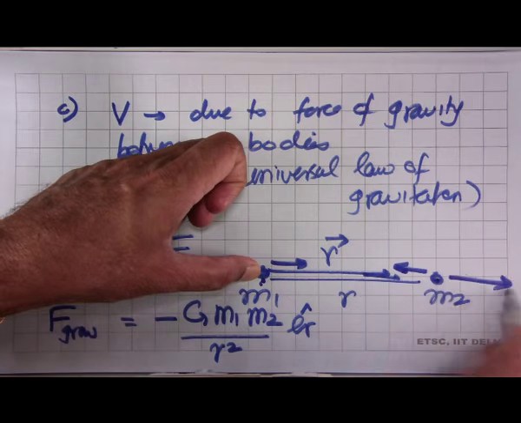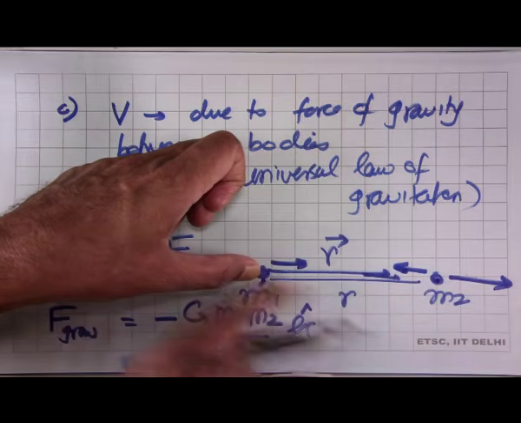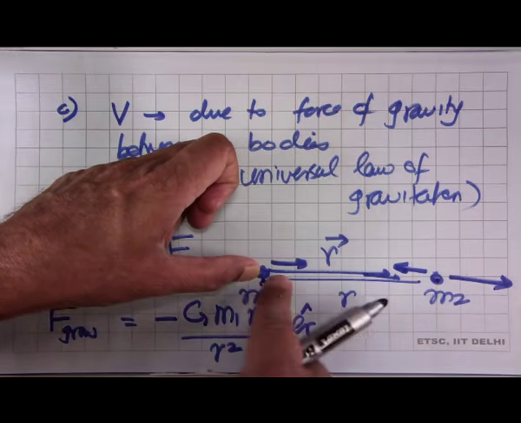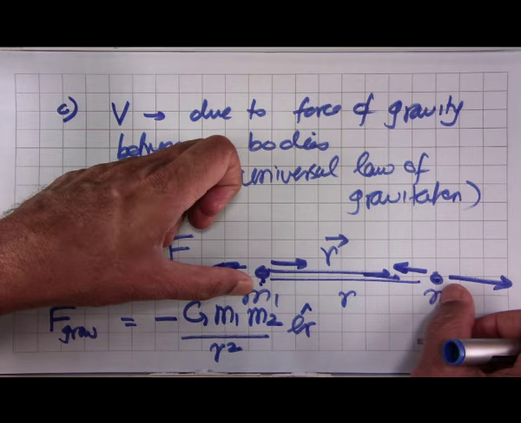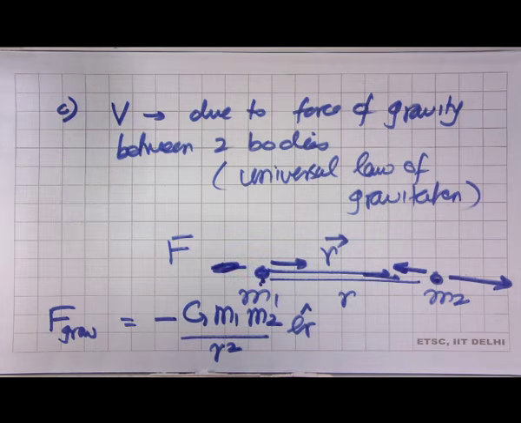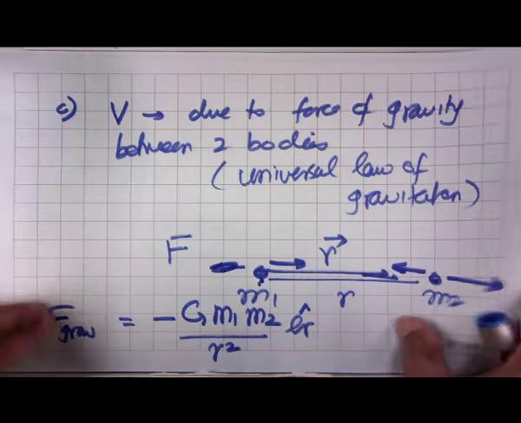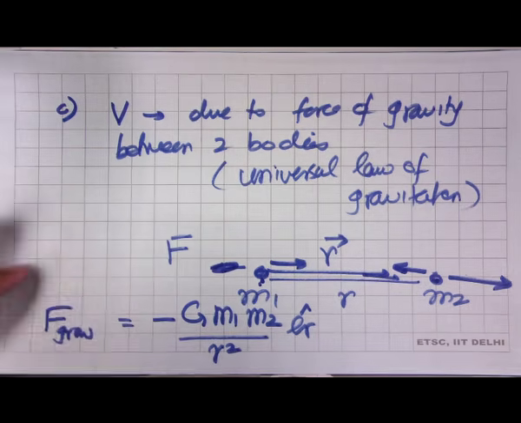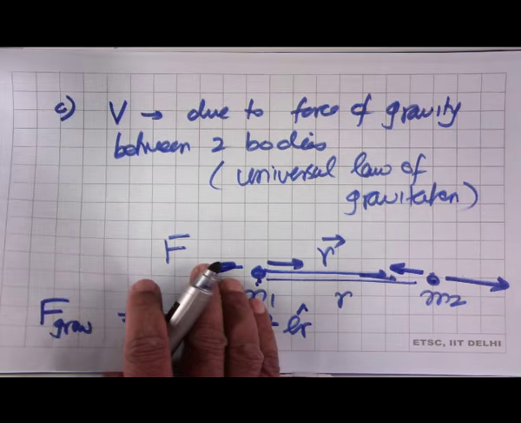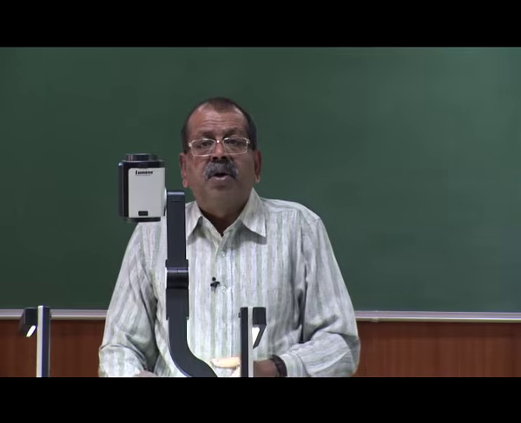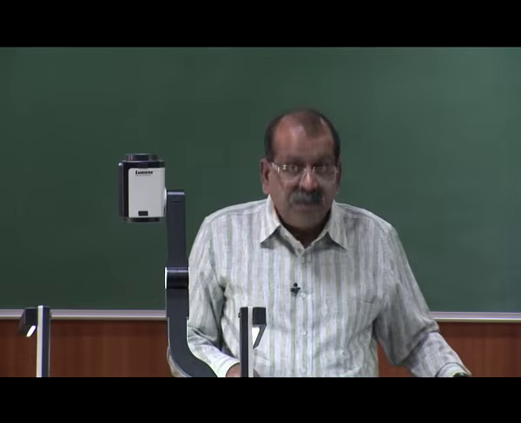So, the r direction will be from m1 to m2, and the gravitational force on m1 will be towards m2. Therefore, the minus sign comes. So, we have the universal law of gravitation, but this we will see once we complete this. There is a separate chapter on the universal law of gravitation.